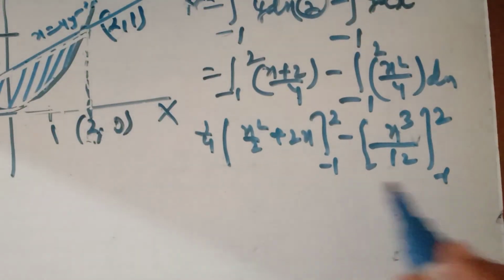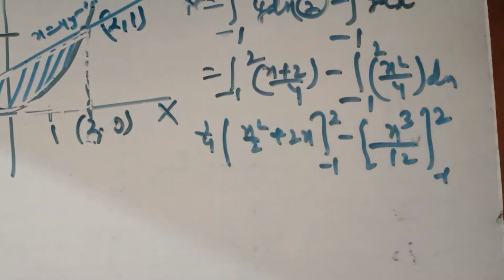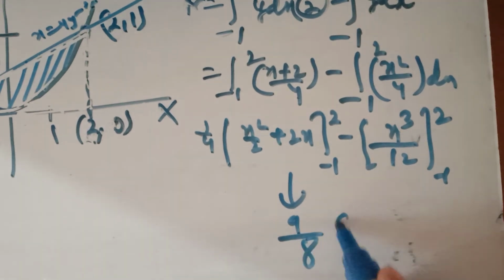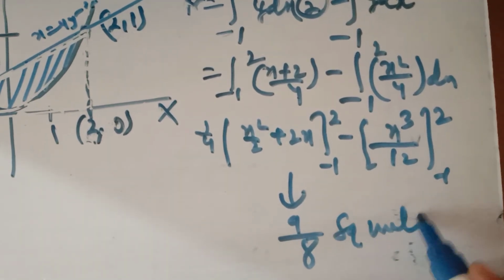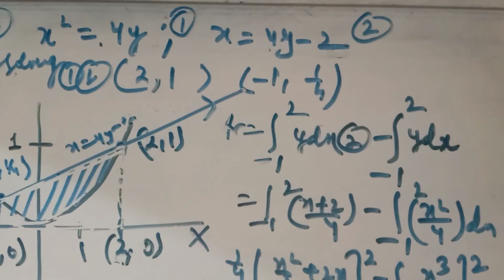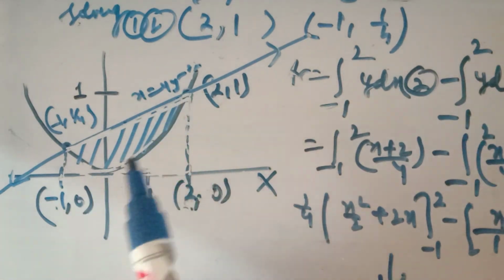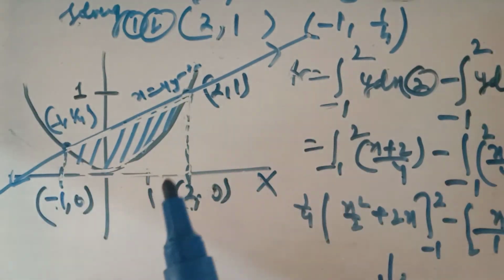Now put the upper limit minus the lower limit. You will get the area bounded by these two curves as 9/8 square units. Simplify, take your own time: 9/8 square units. So this is question number 10. First find the points of intersection, then sketch the curves, shade the area you have to find, and draw a perpendicular on the x-axis or y-axis.